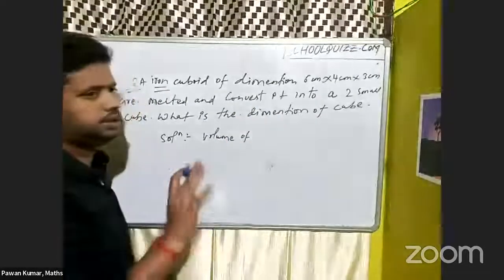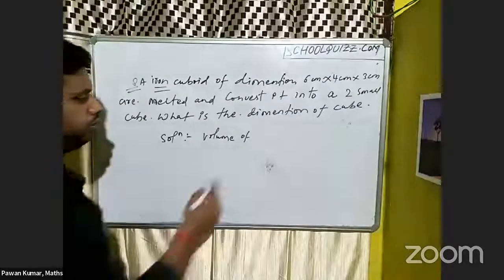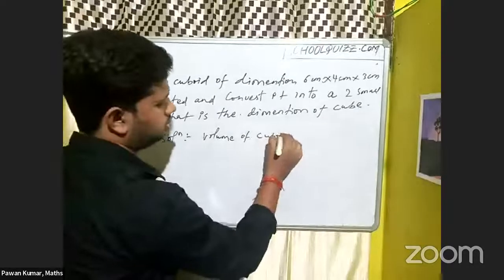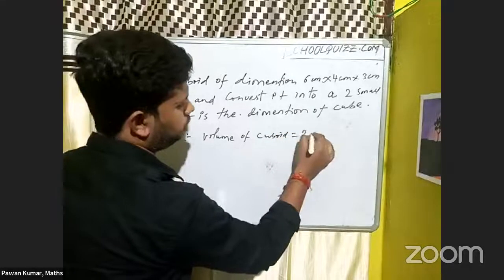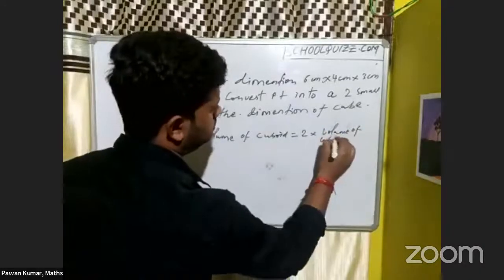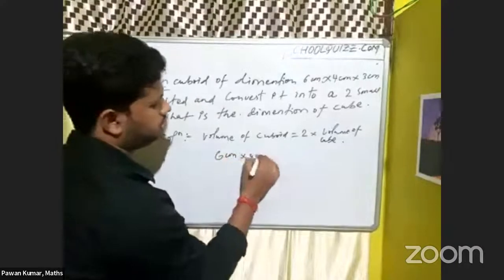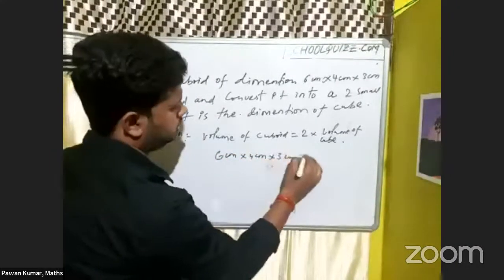I can't see the surfaces there, I need to include all the volume. So volume of cuboid is equal to 2 into volume of cube. Correct. The volume of cuboid is 6 centimeter, 4 centimeter, 3 centimeter, equal to 2 into the side cube.